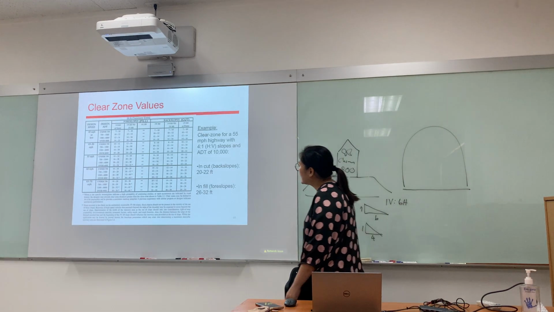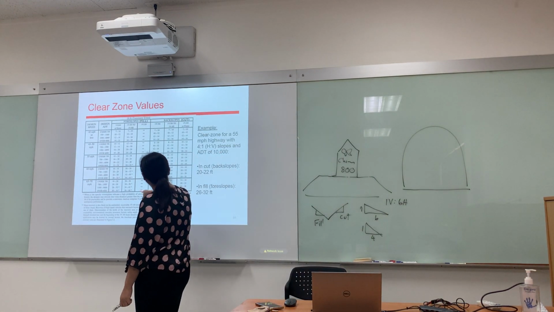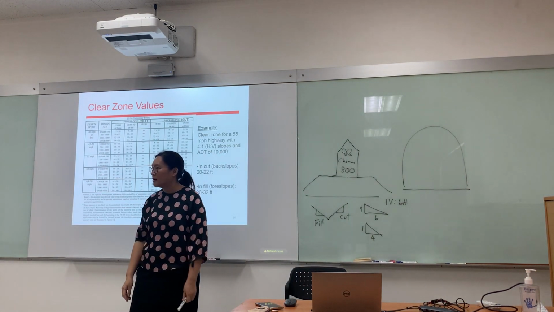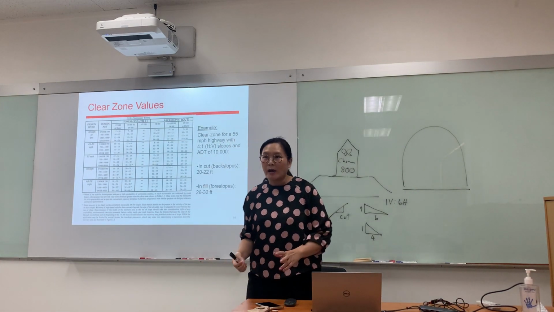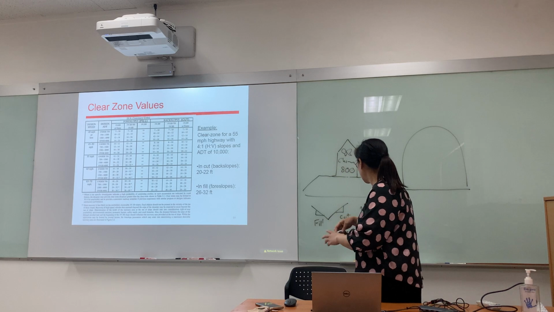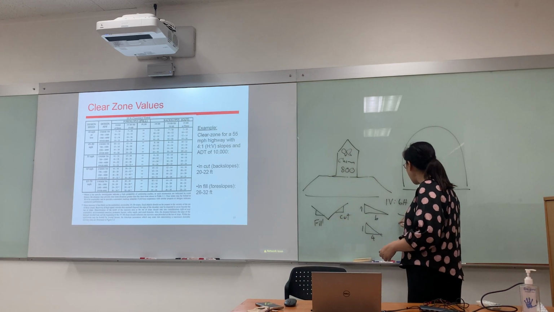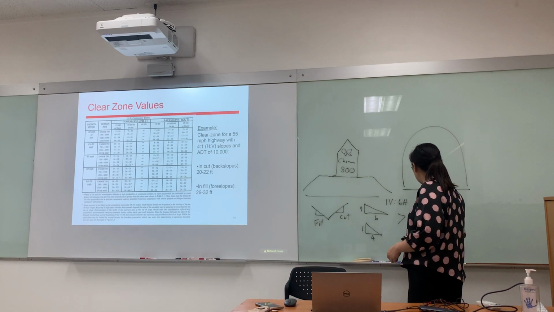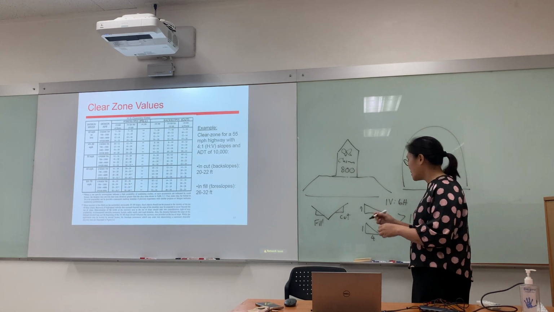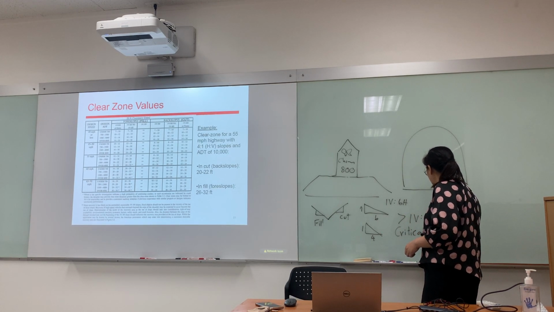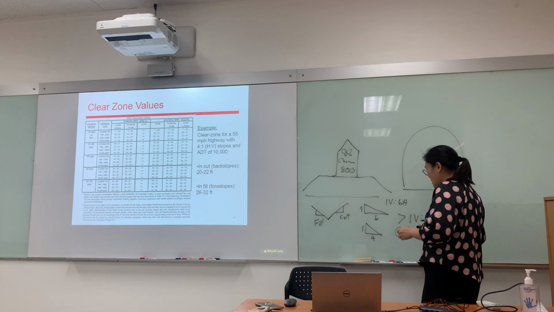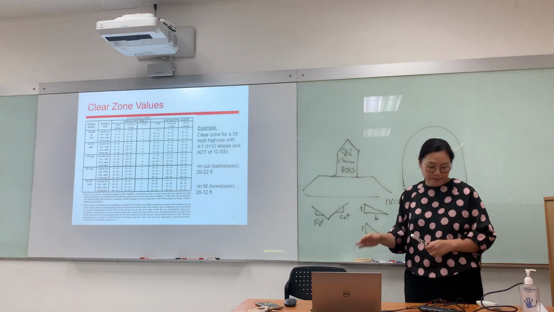Why 1 to 3? There's nothing in here. It's critical slope. If the side slope is greater than 1V to 3H, we call it critical slope. That means very steep.